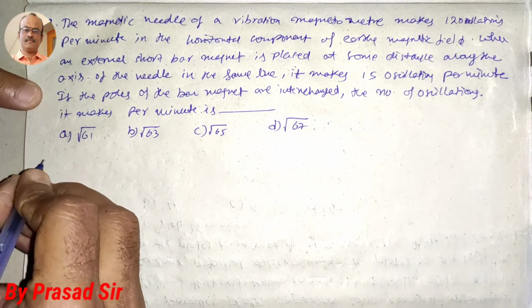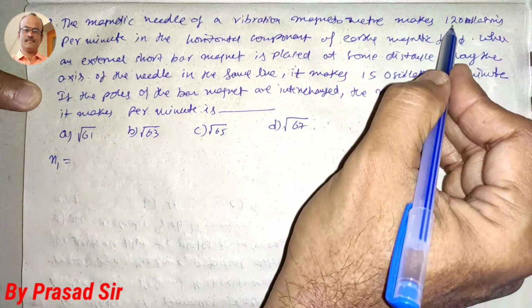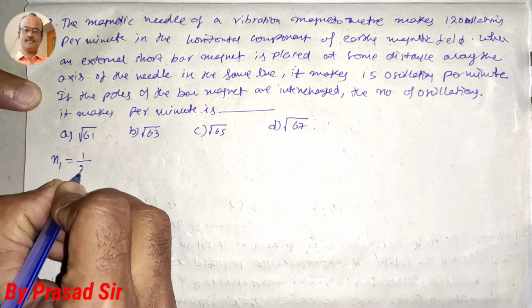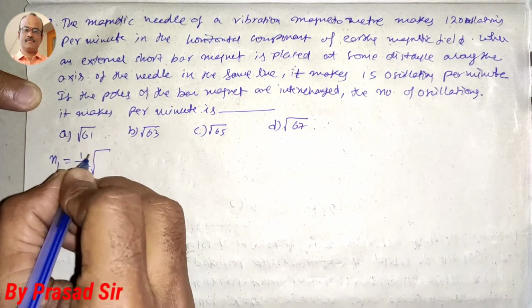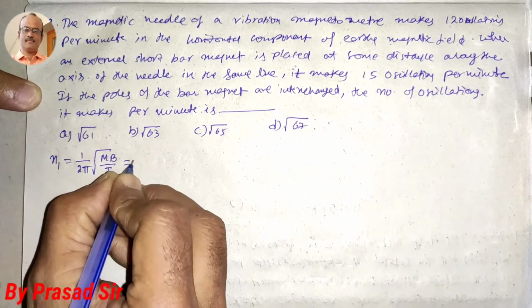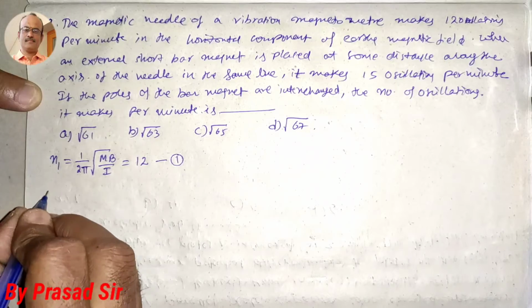So first of all, frequency N1 is 12 oscillations. So N1 is equal to 1 by 2 pi times square root of M into B divided by I, equal to 12. This is the equation number 1.